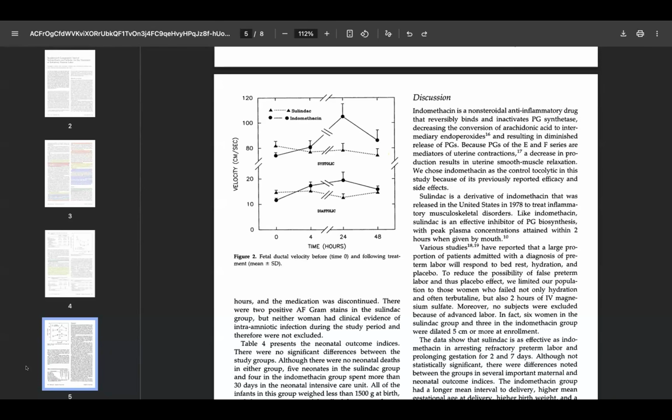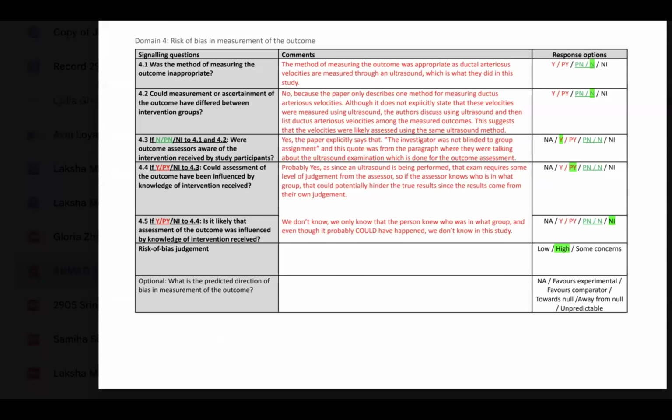Okay, so he had said probably yes. But with the clarification that you provided, I would say probably no, since it's quantitative, numbers, and it's not based on judgment. Right. And they even give us the numbers.